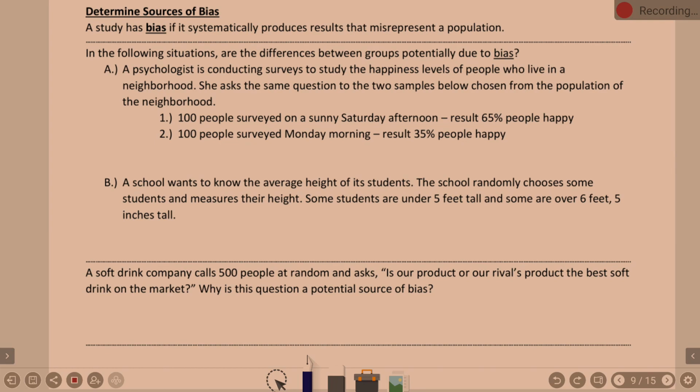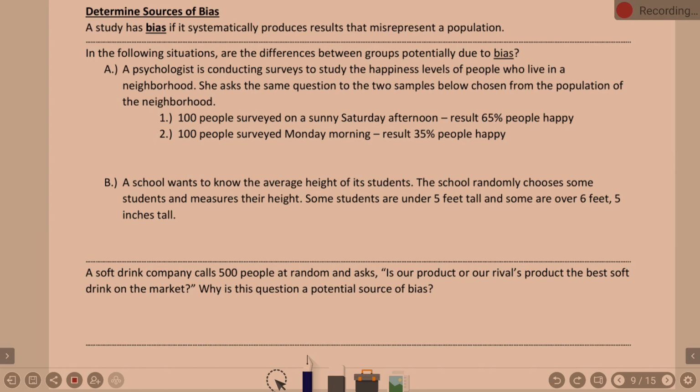Okay? Let's look at a couple examples here. In the following situations, are the differences between groups potentially due to bias? Okay? So a psychologist is conducting surveys to study the happiness levels of people who live in a neighborhood. She asked the same question to the two samples below, chosen from the population of the neighborhood.